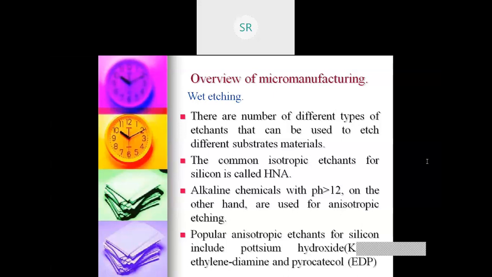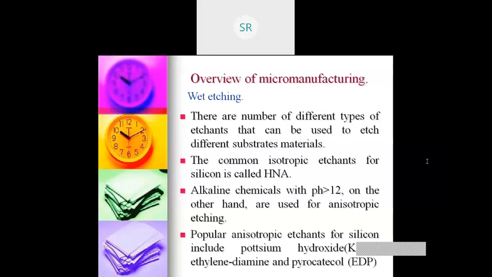Basically, it is a removing concept. So what I need to do is remove the unwanted part and maintain the required part. For that, either a physical or chemical technique, maybe dry etching or wet etching, is possible.